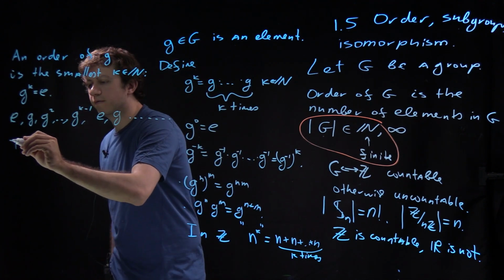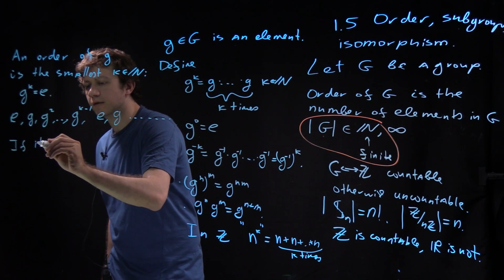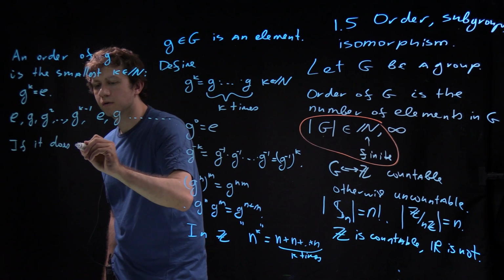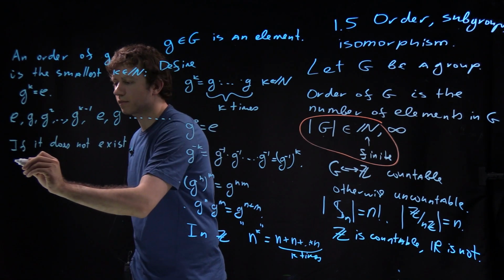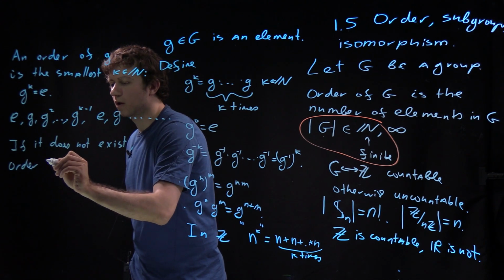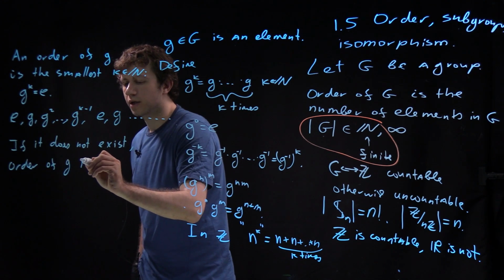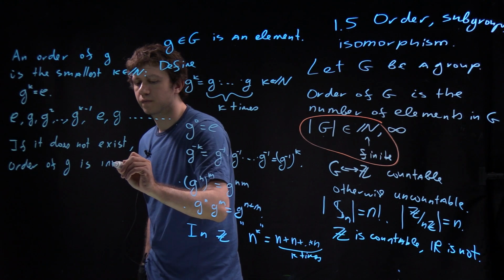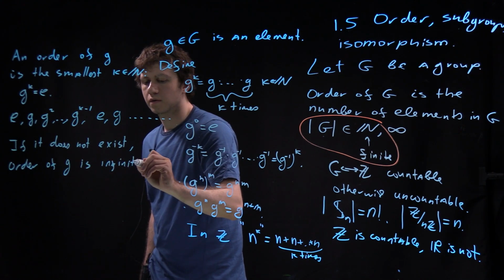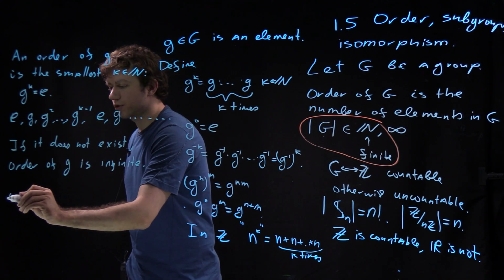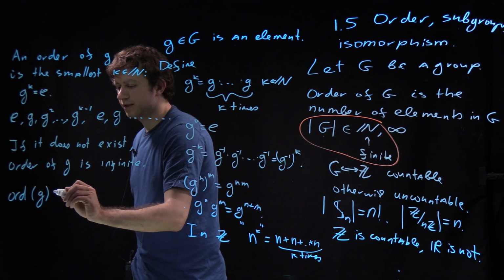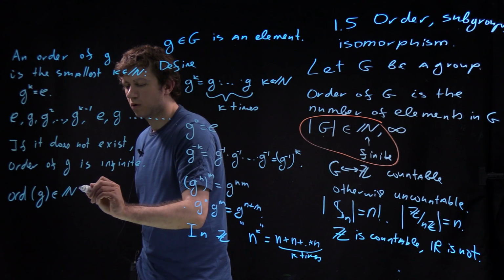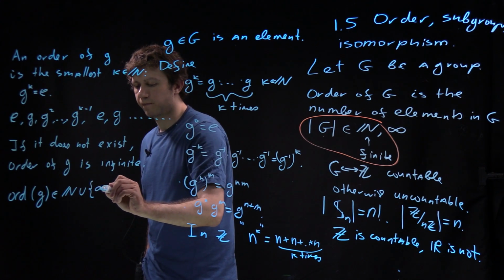If it does not exist, order of g is infinite. So the notation is usually ord of g, and that's a positive integer or maybe infinity.